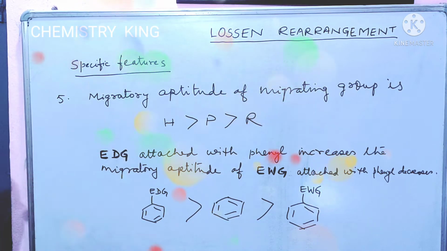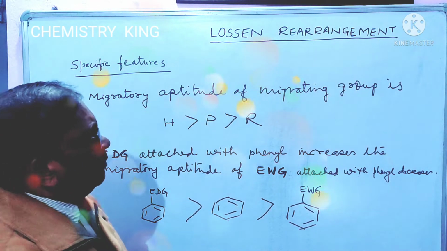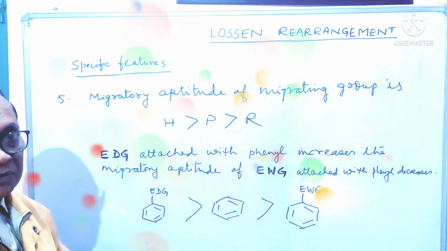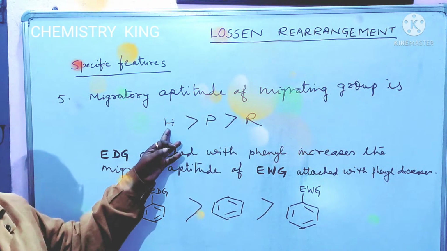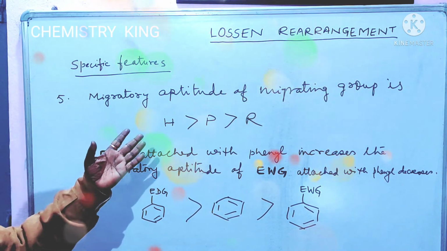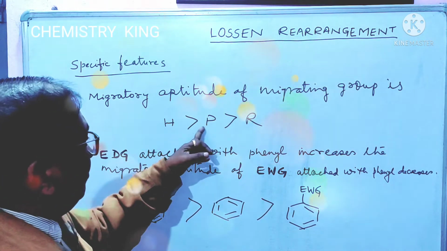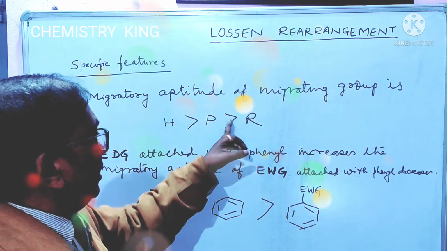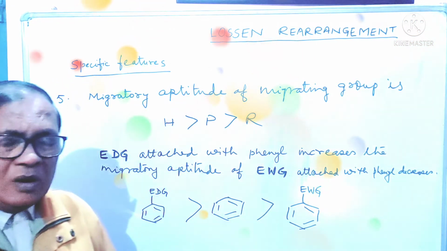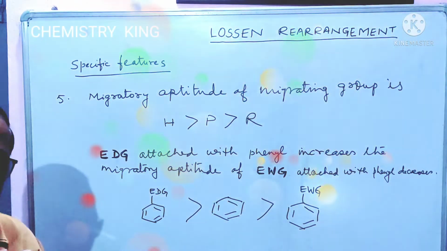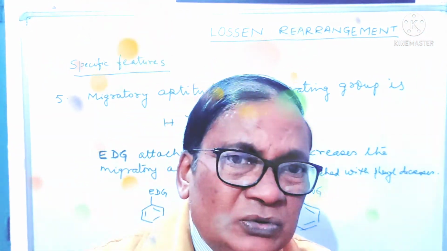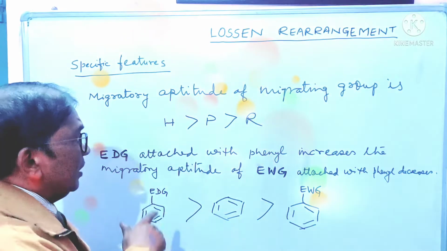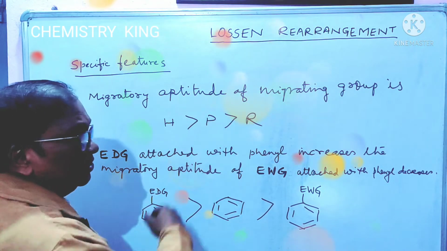Number 5. Migratory aptitude of the migrating group is in this order. Migratory aptitude of hydrogen is highest, migratory aptitude of phenyl group is less than hydrogen, and migratory aptitude of alkyl is less than phenyl. Migration is carried out with the bond or with the negative charge, you can say. Suppose minus is here, minus is here, minus is here.